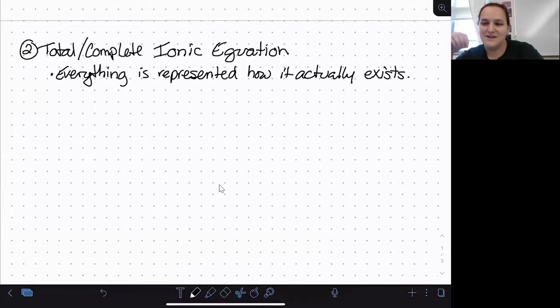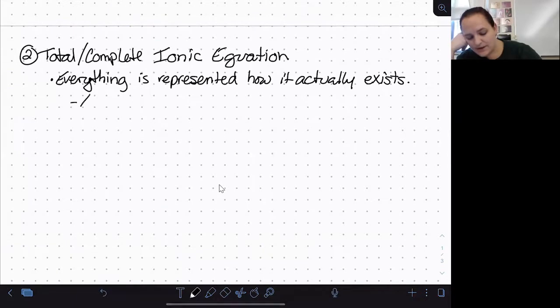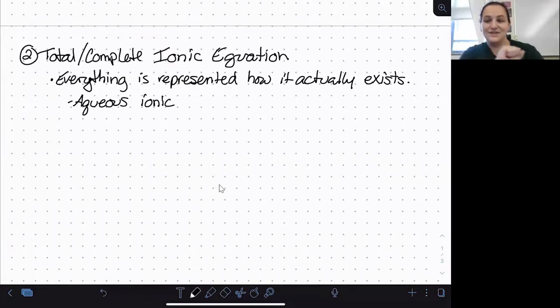This is again coming back to that idea that an ionic compound dissolved in water is separate ions. So in the molecular equation, we showed the ions still attached even when they were aqueous. In a total ionic, aqueous ionic compounds are represented as two separate aqueous ions.